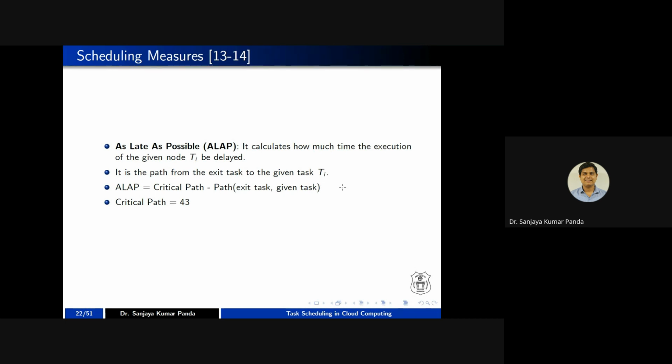Once you determine the critical path, you have to subtract from the critical path. What you have to do is backtracking, starting from the exit task to a given task. Critical path is the same for all, irrespective of the task. Then you have to subtract the path from the exit task to the given task.